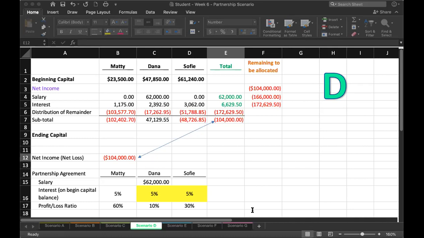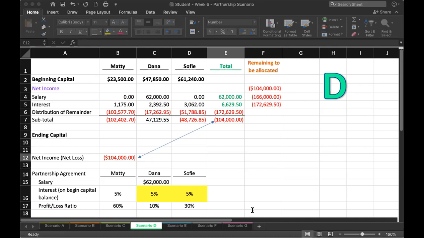And so to avoid that, they are what we call LLCs, limited liability corporations. And a limited liability corporation limits the liability of the partner to whatever he has invested in the business, but not to his personal assets.